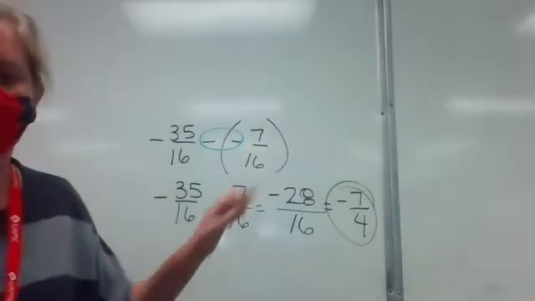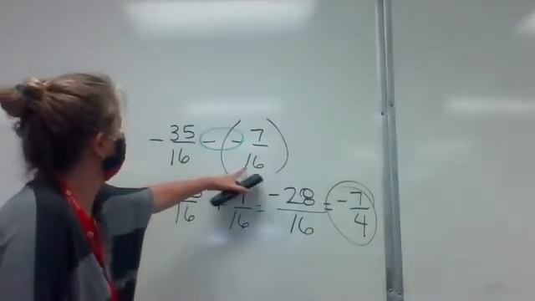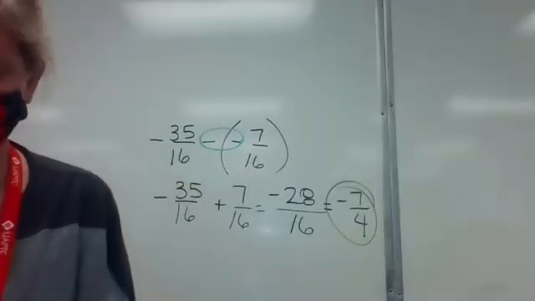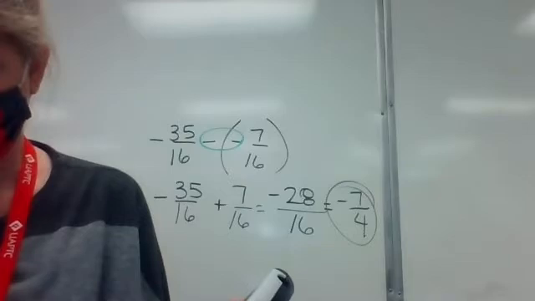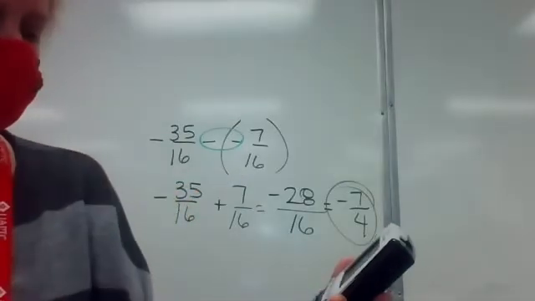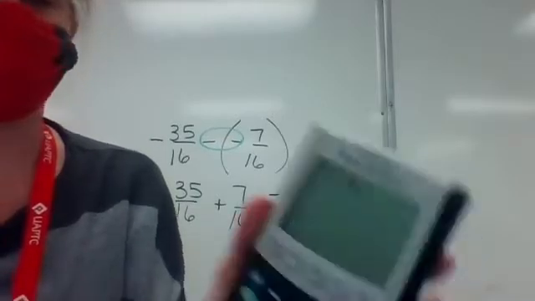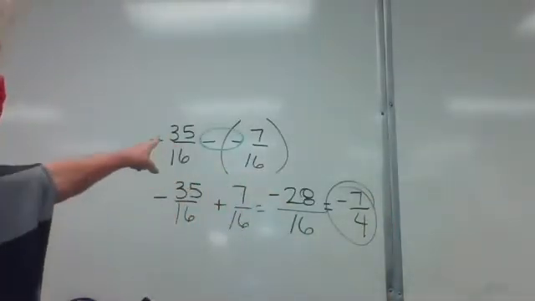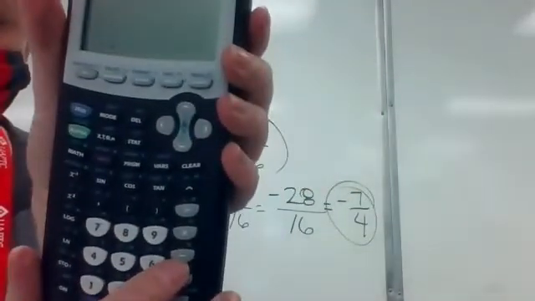I could have, at the very beginning of this, typed in exactly what the problem said into my calculator. I have negative 35 over 16. So I'm just typing in that fraction. Then I'm going to type in exactly what it says, minus, so that's the minus button.